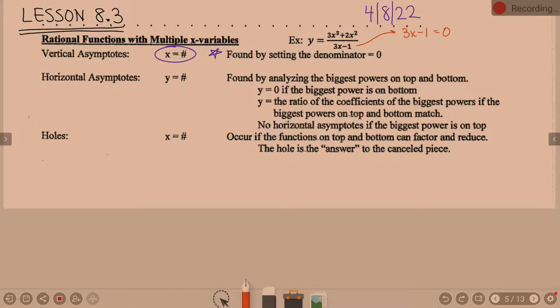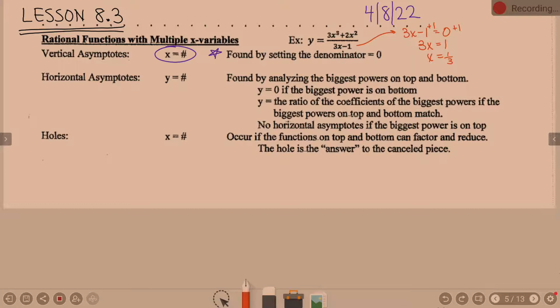We're going to add 1. We're all just doing it. That's why you're not telling me, right? We add 1 to the other side. It's 3x equals 1. And then to get x by itself, we're going to divide by 3.